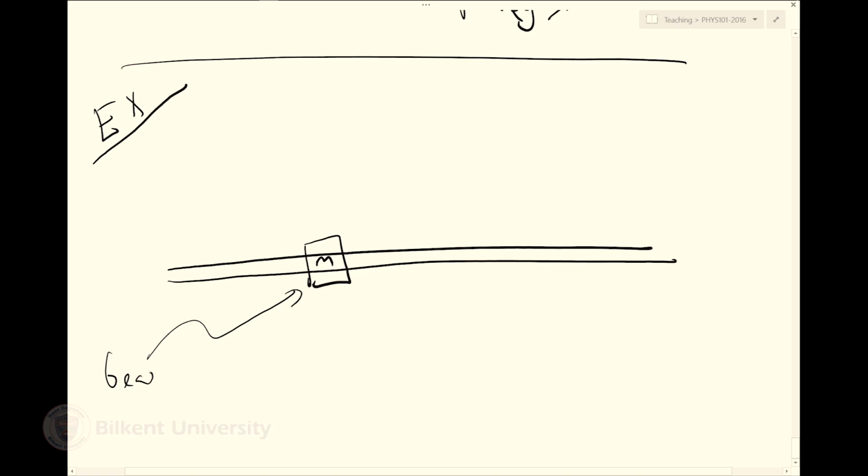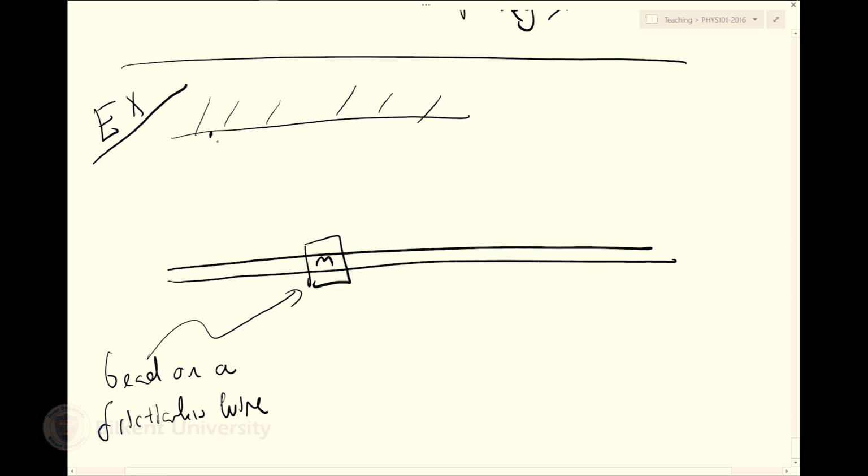Let's say this is a bead on a frictionless wire, and it's tied to a spring which is a distance d away, and the relaxed length of the spring is L. Okay?